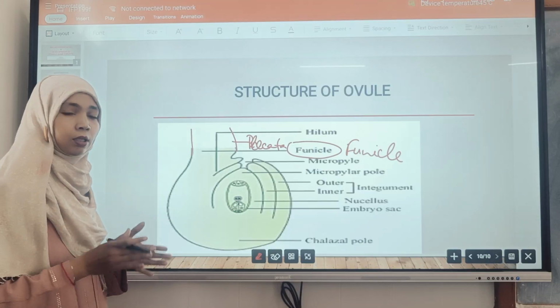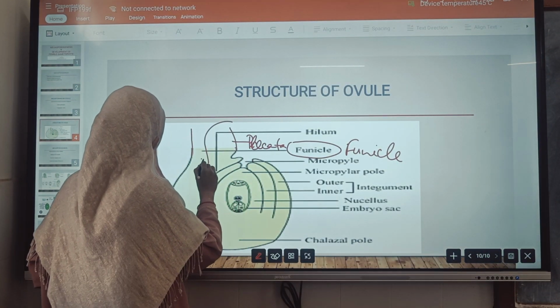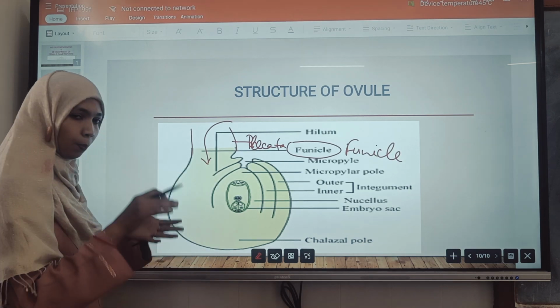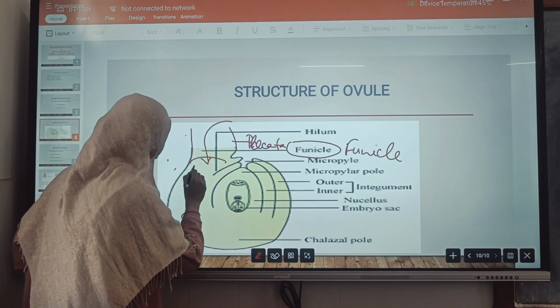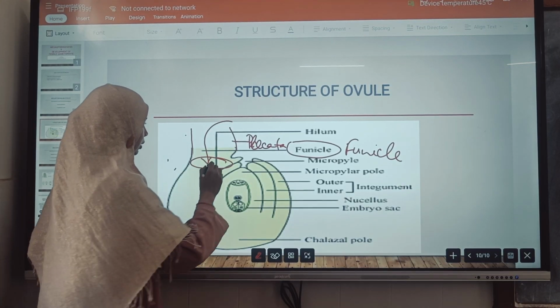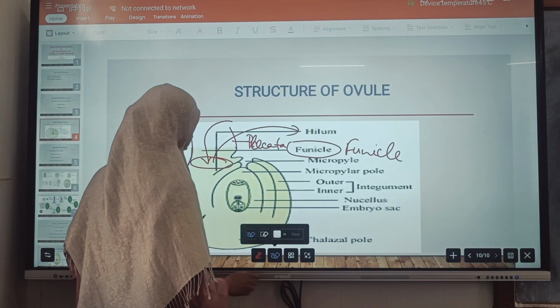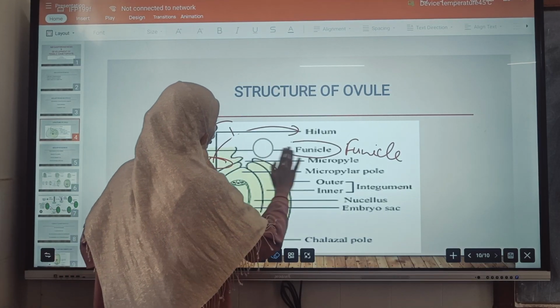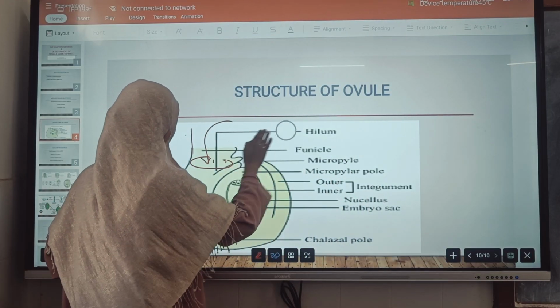It is a stalk-like structure. Now after the funicle, there is a junction, or a point, at which the funicle is attached with the ovular body, and that structure is called hilum. So what is hilum? Hilum is the structure from which the ovular body is attached with the funicle. Clear?